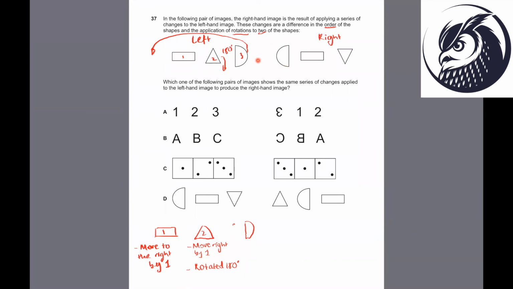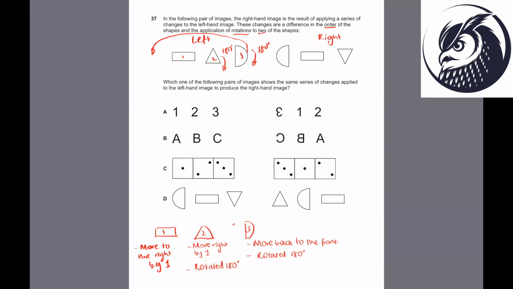So we know that this semicircle has also been rotated by 180 degrees. Okay, so I'm going to write move back to the front, and it's also been rotated 180 degrees. So that's what happens to the image in position number 3.